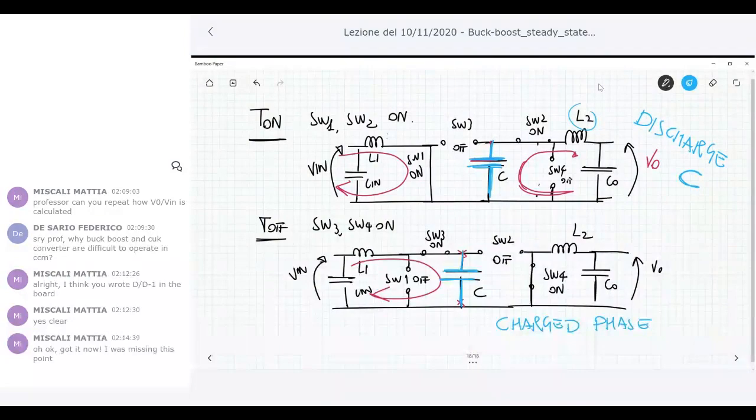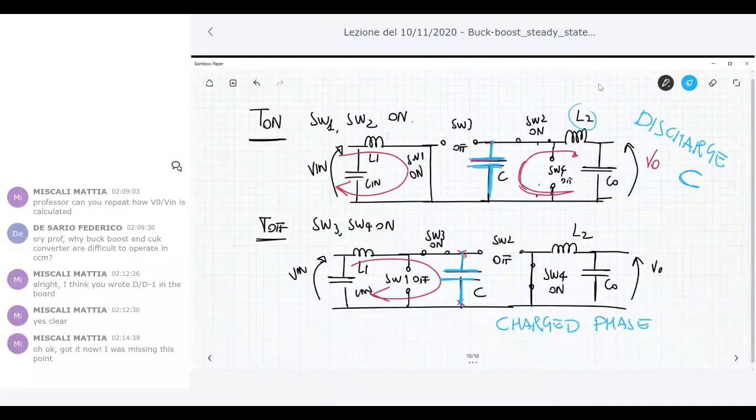We have a charge phase of the capacitance during T off now, and a discharging phase of the capacitance during T on. So this circuit is dual in the sense that we have to replace T on with T off, and the inductance L with the capacitance C. In that way, T on is the discharging phase of the capacitor through the load.